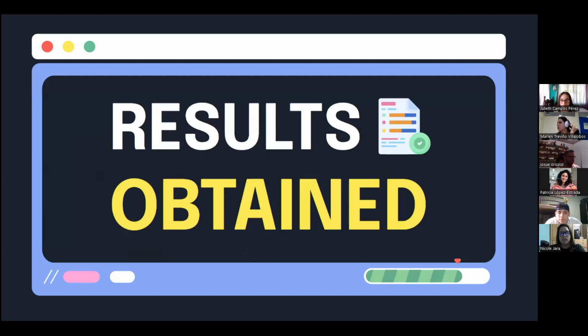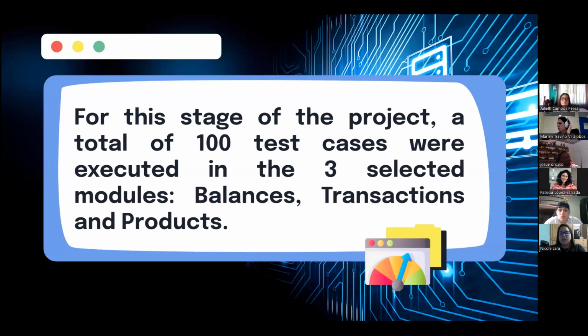Hello, so I'm going to talk about the results obtained in this project in two main areas, the black box testing and the security testing. For the black box testing, we did 100 test cases in three essential components of the Gcoins model.